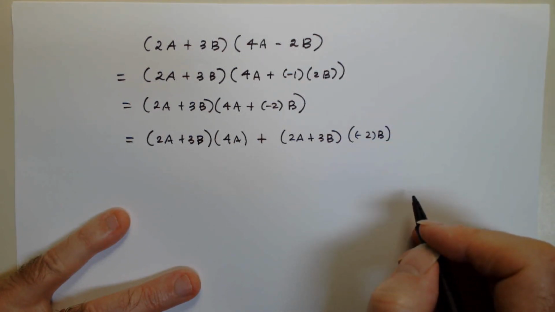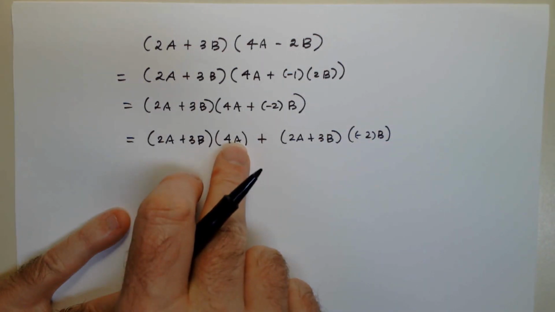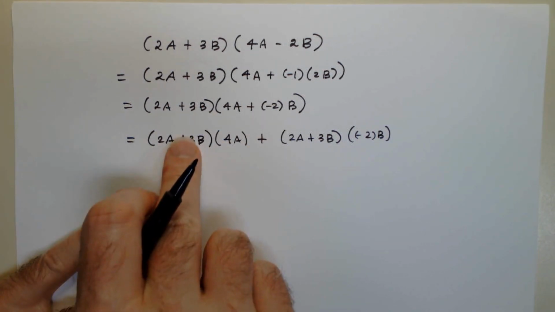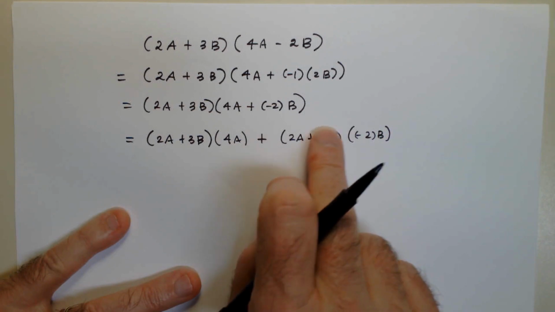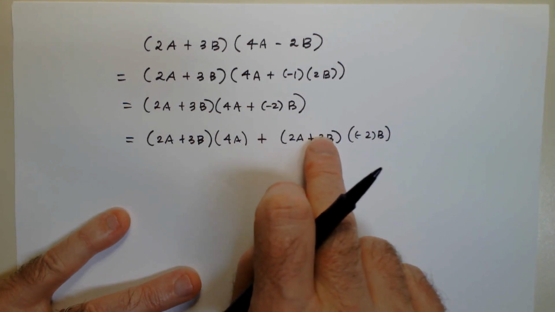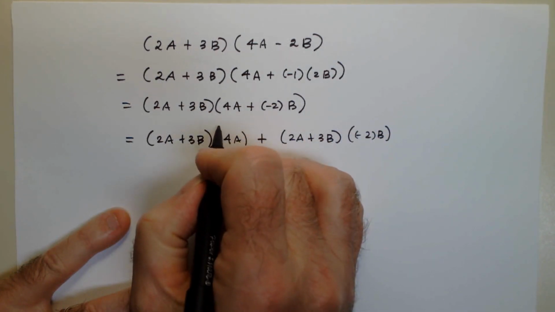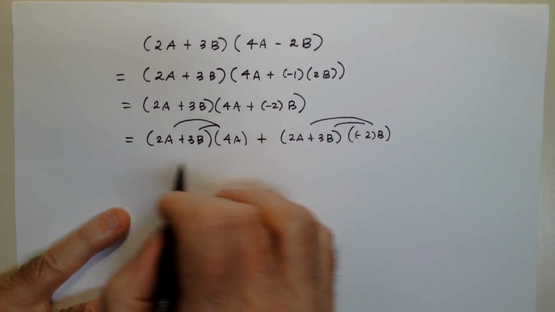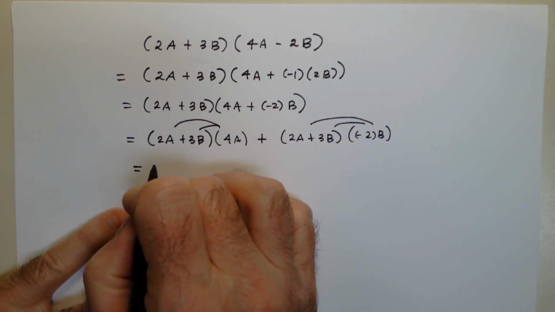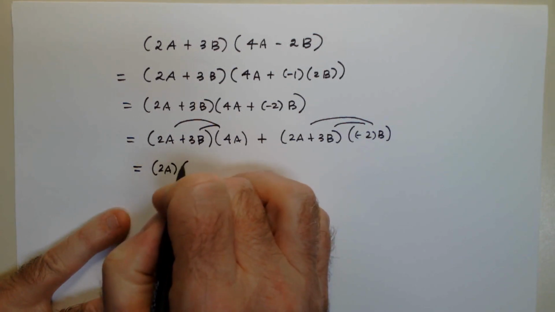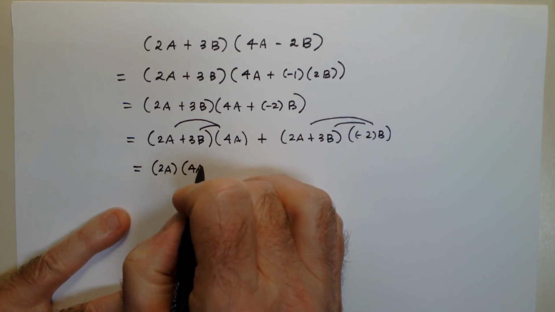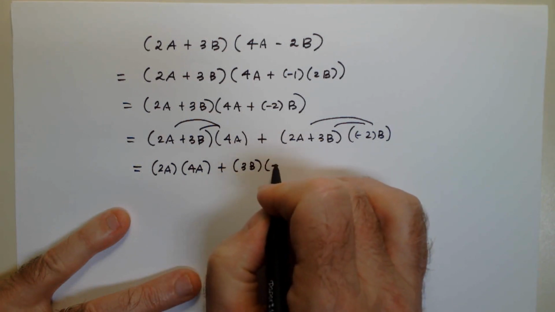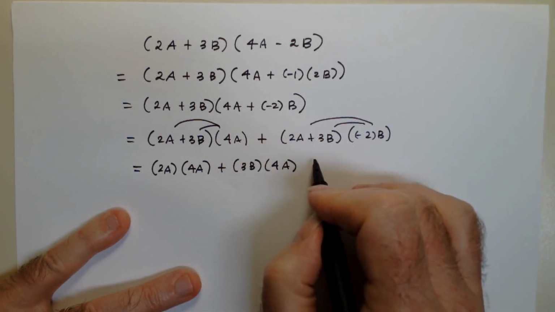Okay, and now I'm going to use a right distributive law to distribute the 4a across this matrix sum, and the minus 2b can be distributed across this sum. So now we're going to use the right distributive law. And so we're going to get a 2a multiplying a 4a, a 3b multiplying a 4a.